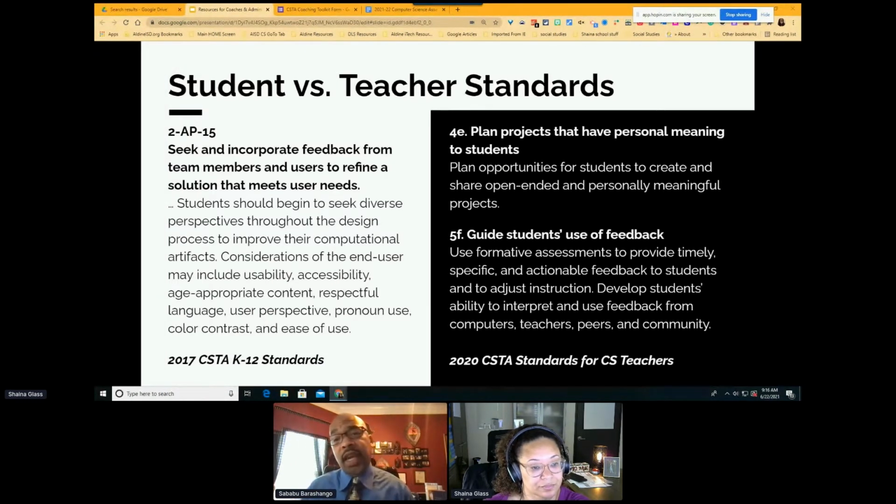The educator needs to plan activities and projects that relate to the student and have personal meaning to the student, and provide timely, relevant feedback so they can model how to use feedback, and then adjust instruction accordingly afterwards.